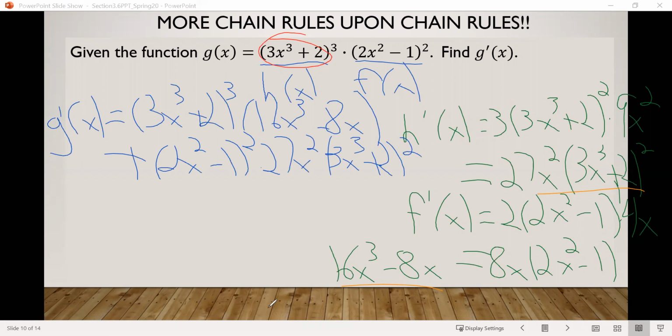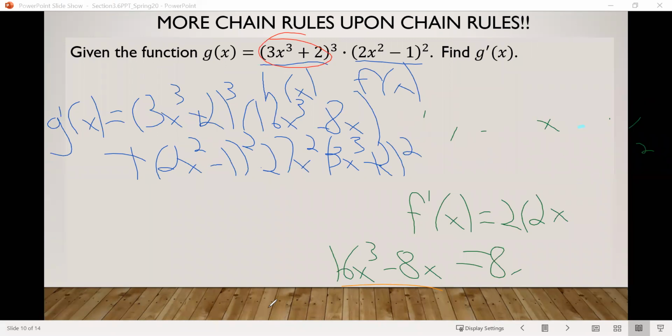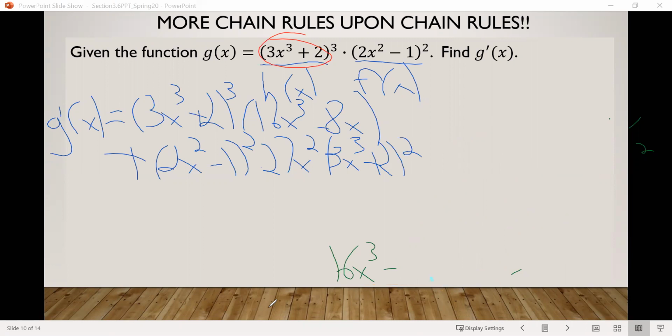Okay, and I'm going to erase some stuff here just so I can write this all out as one. This function is really kind of nasty looking, so we're not going to do a whole lot of simplifying here because it'll just get ridiculous after a while.